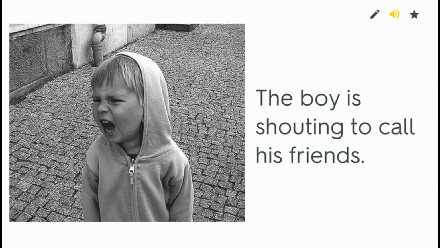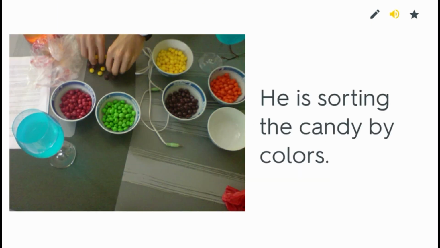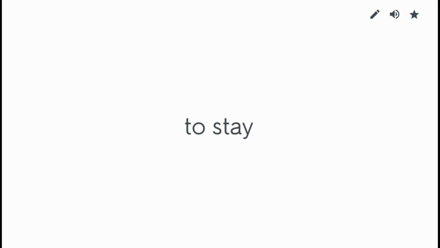To shout. The boy is shouting to call his friends. To sing. When you sing, you say bye to your fears. To sort. He is sorting the candy by colors. To stay.